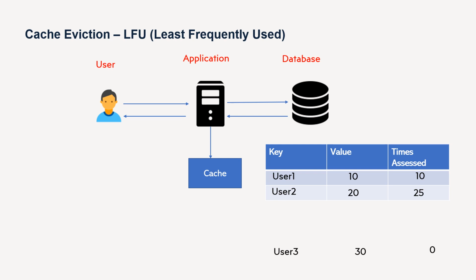That's why we'll remove user 1 from the cache and put user 3 in its place. So this is also a good strategy. You can keep the count of how many times a user is accessing that value from cache. Whatever the most frequently used value is, you should keep in the cache, but whatever is least frequently used, you can remove from the cache.